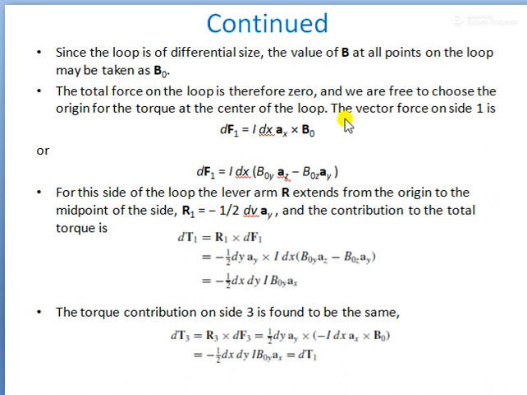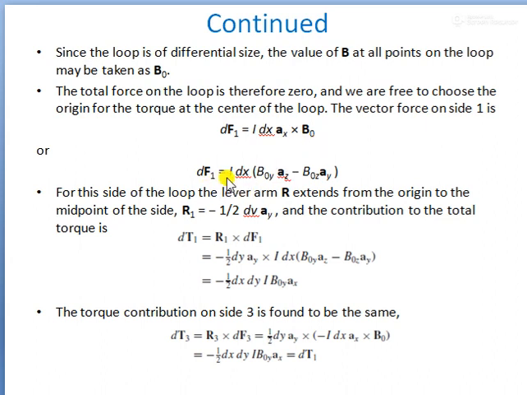Therefore the vector force on side 1 is dF1 equal to I dl cross B0. Here dl is dx ax, so it is dx ax cross B0.